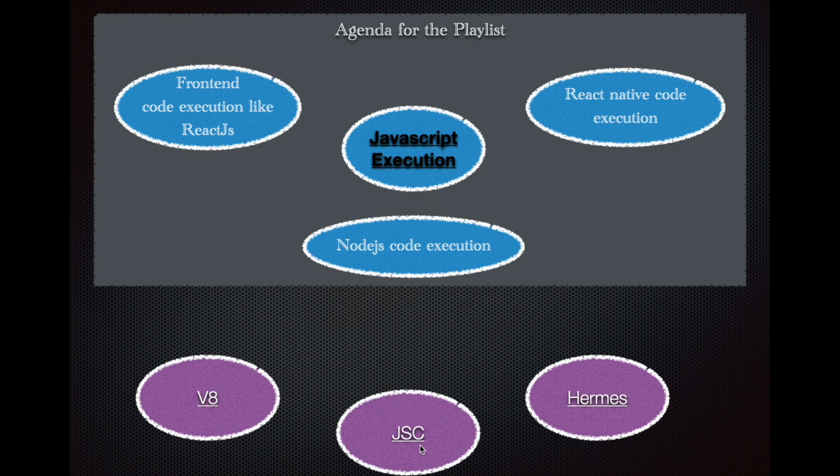So, if you observe overall, for the JavaScript execution, an engine is the main part, and in the runtime environment like browser and the Node.js environment or in Android and iOS, there are some other parts which are not listed here. We will see them in the upcoming slides or lectures.